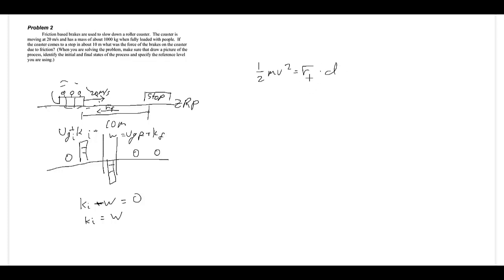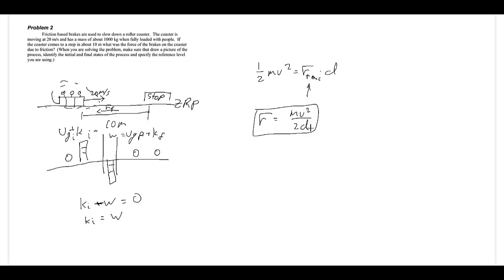Now this force is the force that did the work, namely the force of the track on the car, which is this friction force. So this is what we're solving for here. If you want to rearrange it, force is equal to mv squared over 2d, right? And then that will be your friction force that you're trying to solve for.